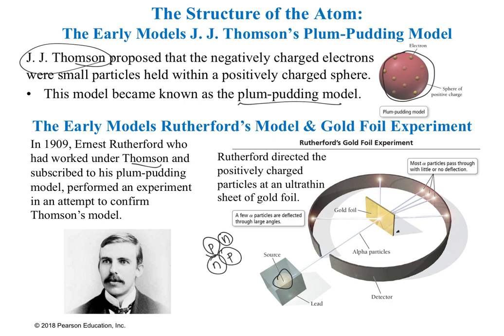And if you look at gold on the periodic table, you can see that gold actually has 79 protons and, on average, over 100 more neutrons. So it's a much larger atom than this particle.